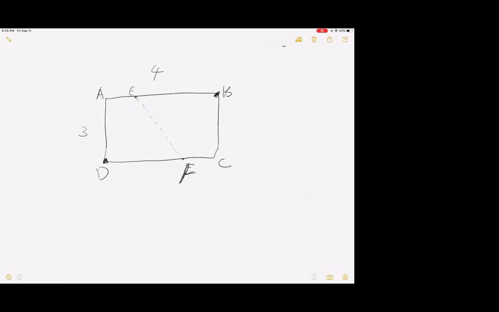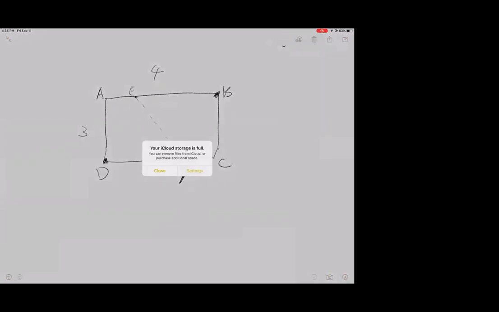Basically, the formal definition for a reflection is that if you reflect a point over a line, you make another point on the other side of the line.